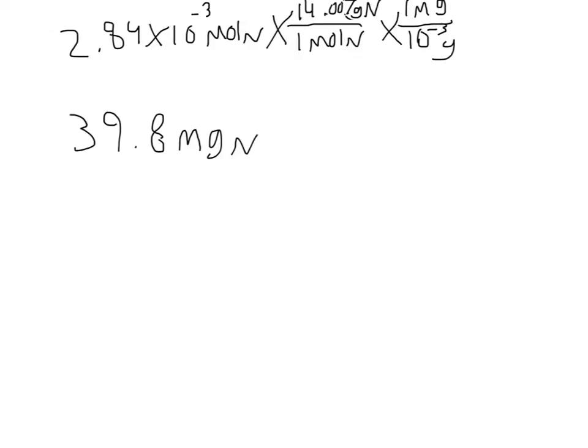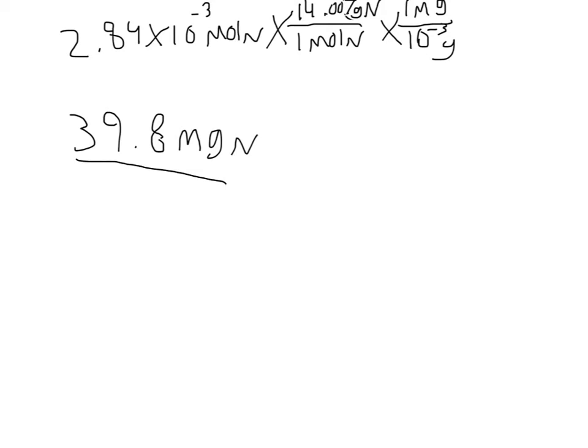Then I took the moles of the single nitrogen atom and converted that into milligrams, since the sample it came from was weighed in milligrams. So it's 39.8 milligrams of nitrogen in the 65.2 milligram sample of the compound.